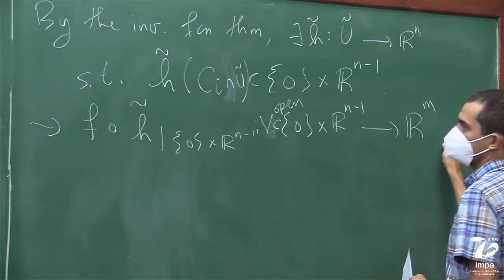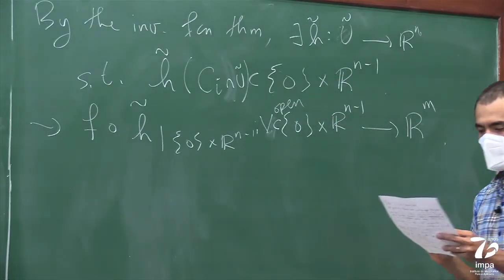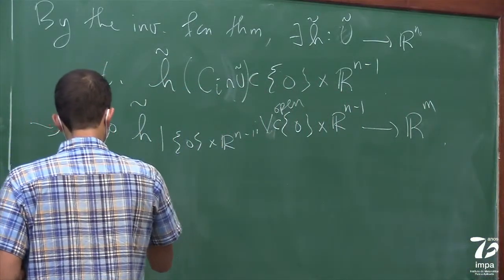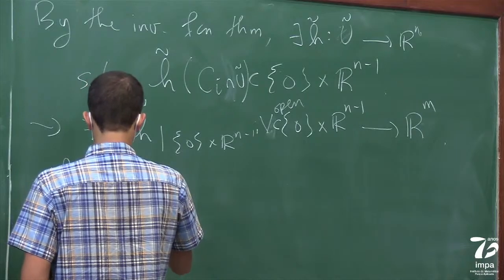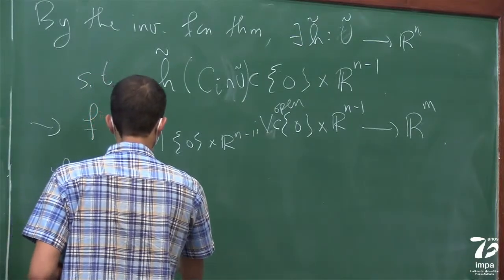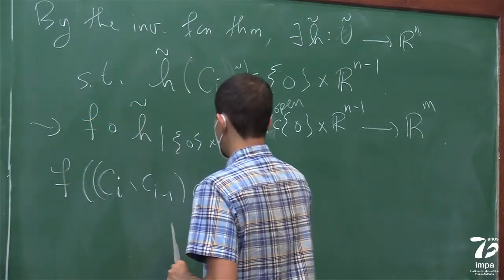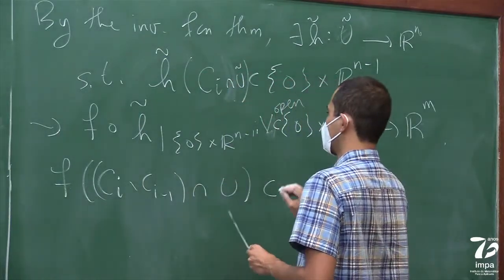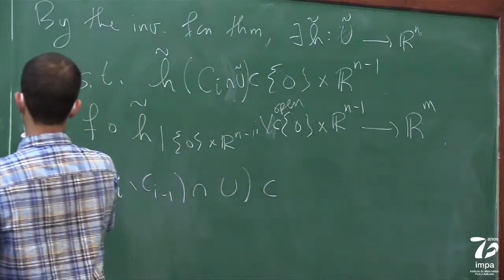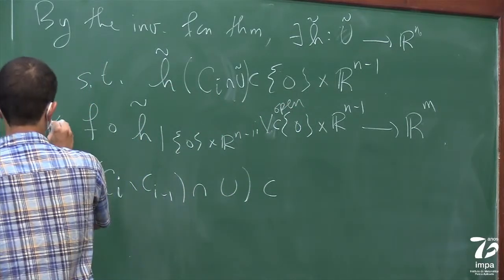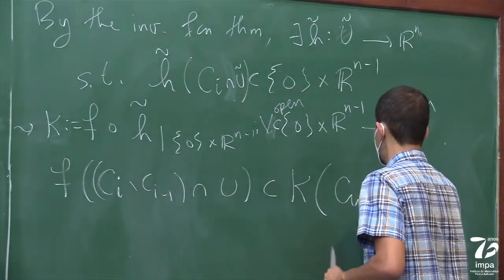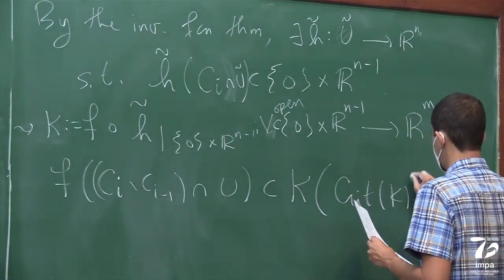And the point is that f of ci minus ci plus 1, at least intersected with some neighborhood, is contained in the image of k of the critical points of k.